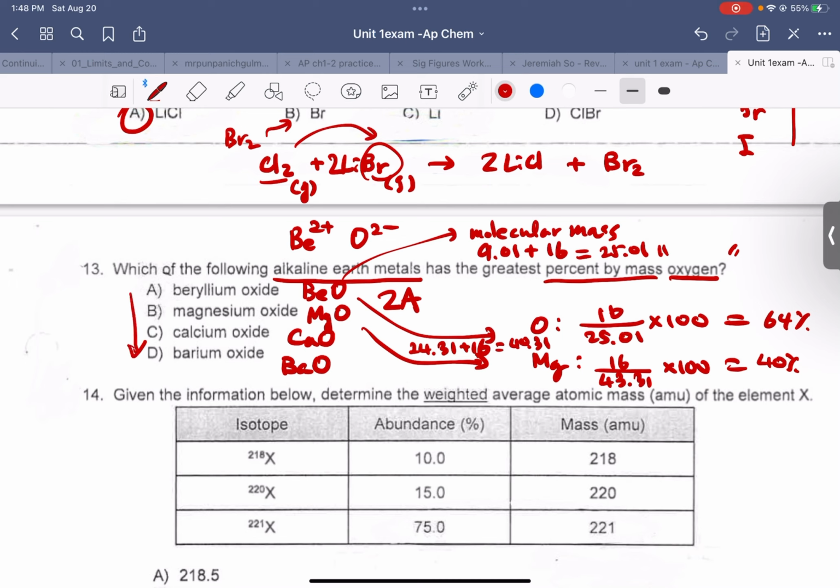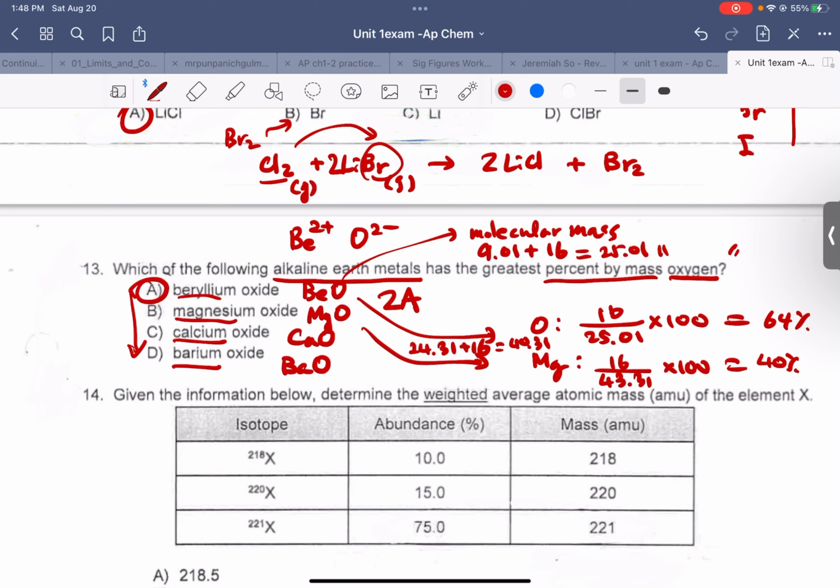Okay, so if you keep going, you will see as you go down, those have higher mass, right? Beryllium has the least molecular mass. So in terms of percent mass oxygen, if it's the least molecular mass, then you're going to have the greatest percent mass oxygen.